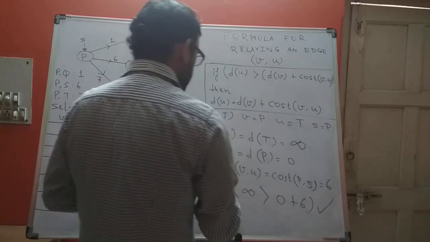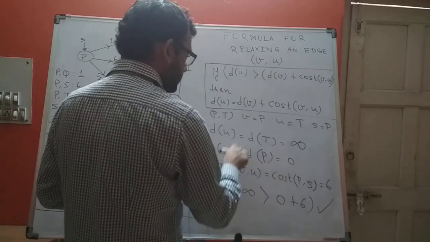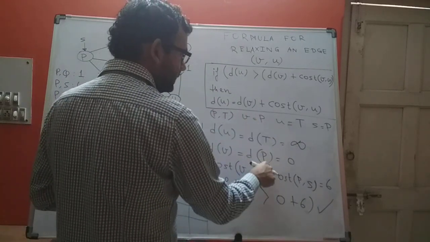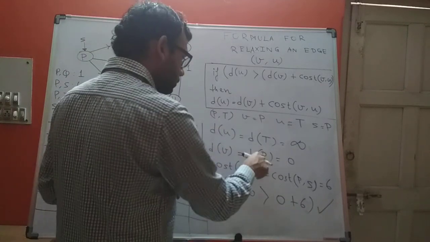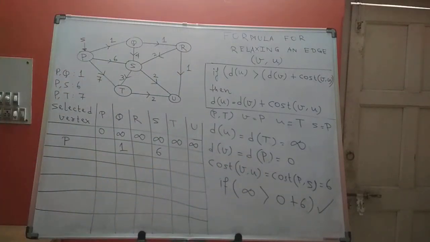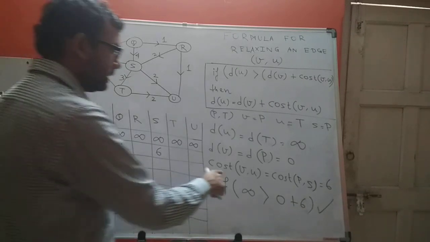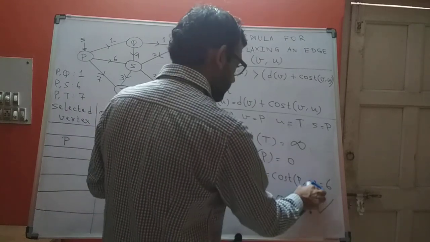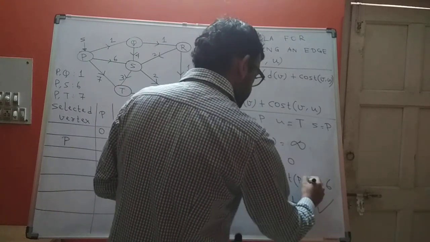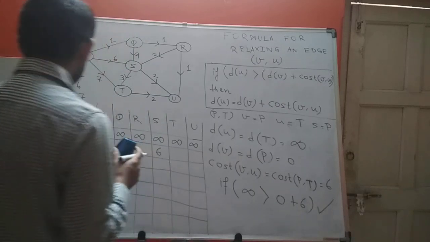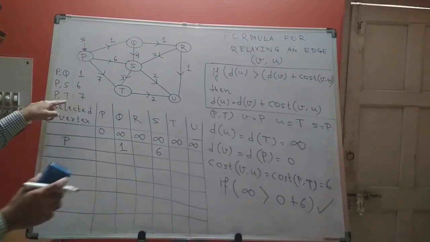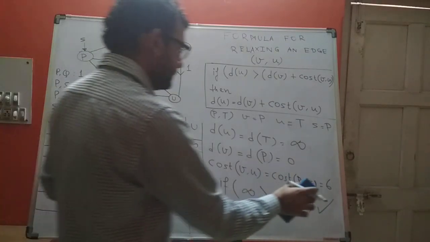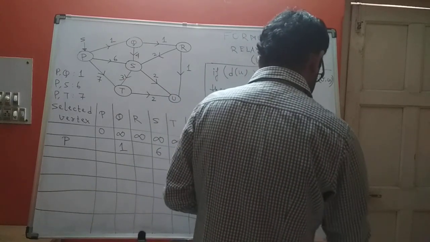Now what about dv? It remains unchanged because v in this case is p and the distance of the source vertex to itself happens to be 0. So now I'll see the cost. What is the cost? Cost of v comma u is cost of p comma t. See, p comma t is 7.